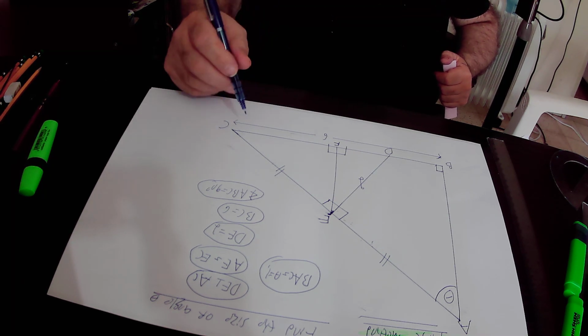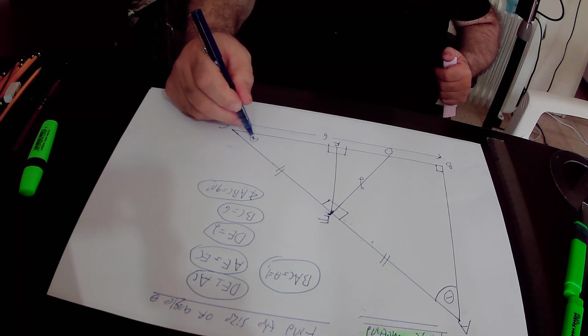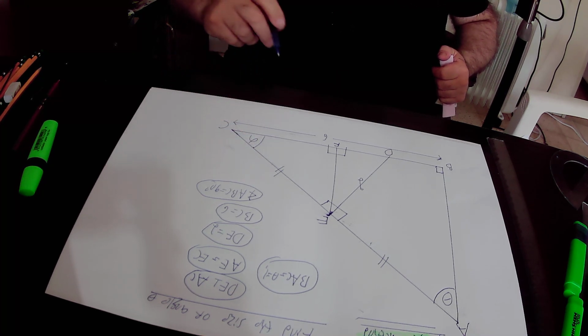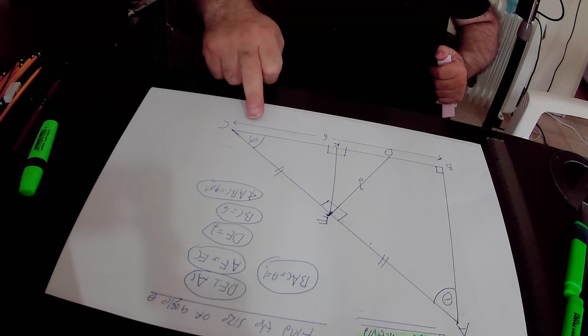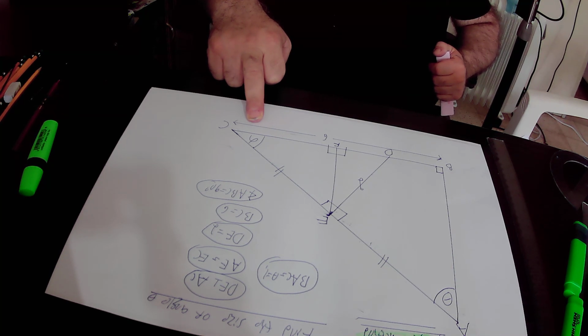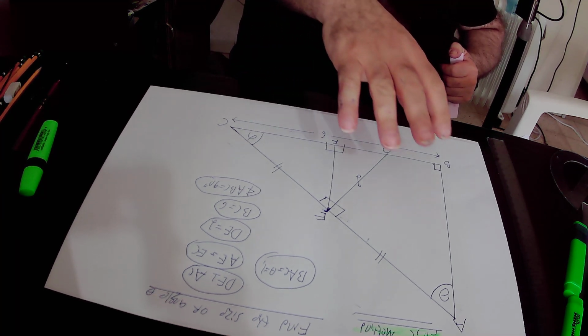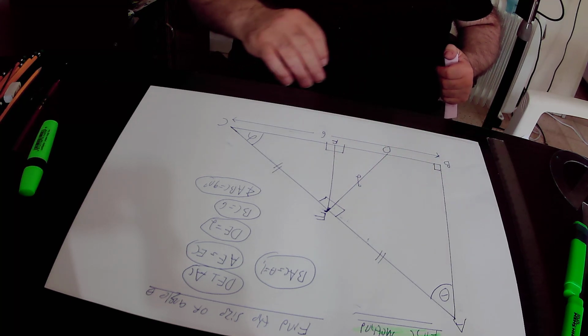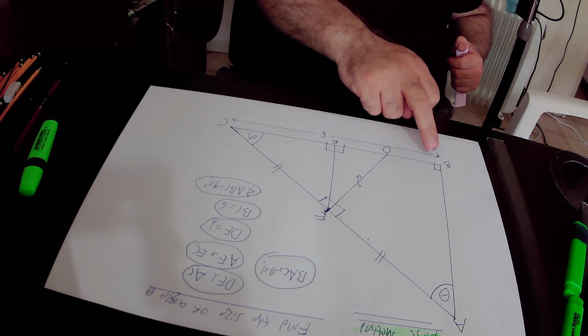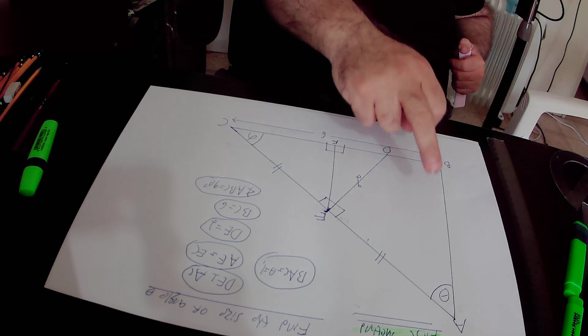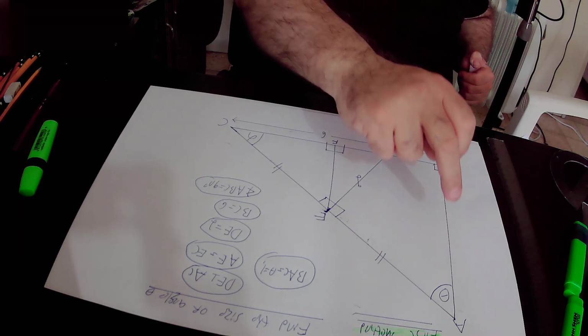We will define angle BCA as alpha. Angle BCA is equal to alpha according to our definition, and this angle is one angle of the right triangle ABC. We already know that in this right triangle we have one angle equal to 90 degrees, and this angle is equal to theta, the angle we are looking for.